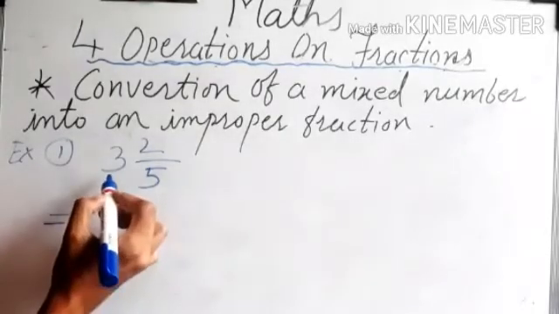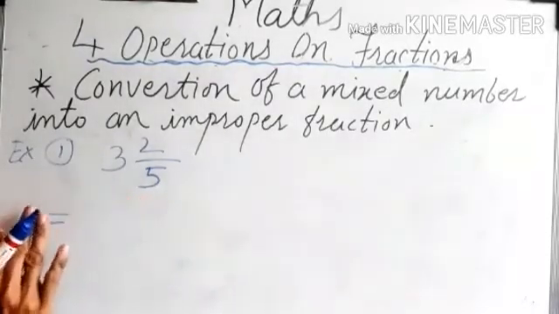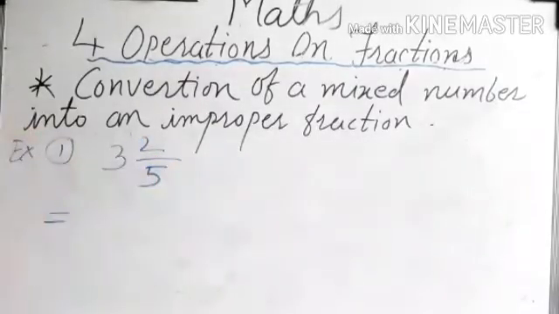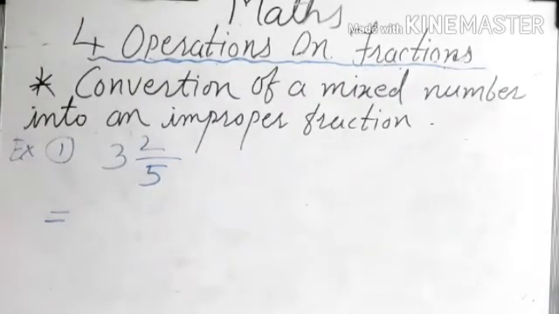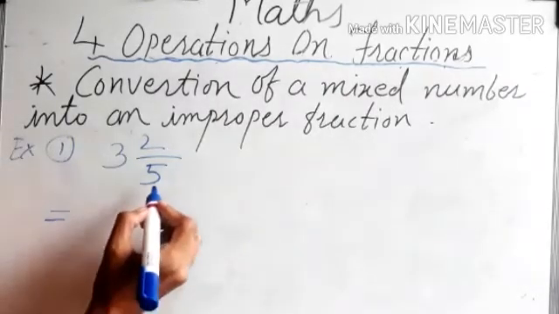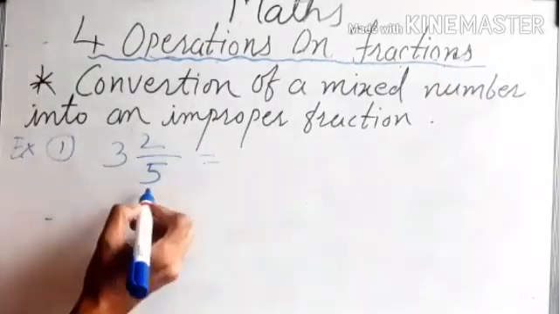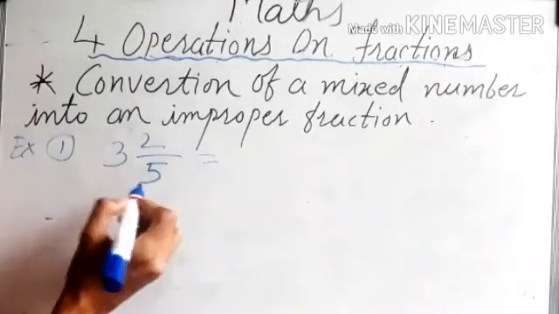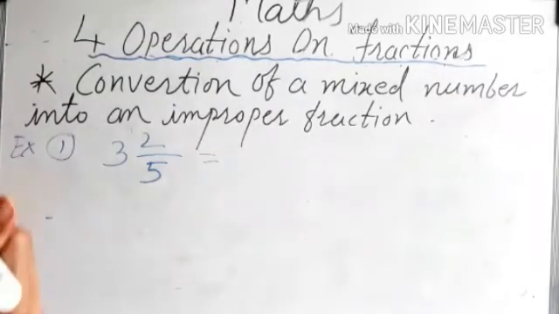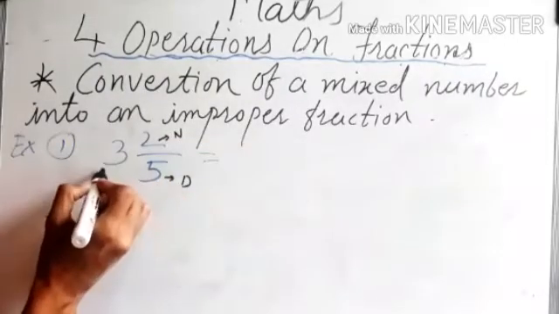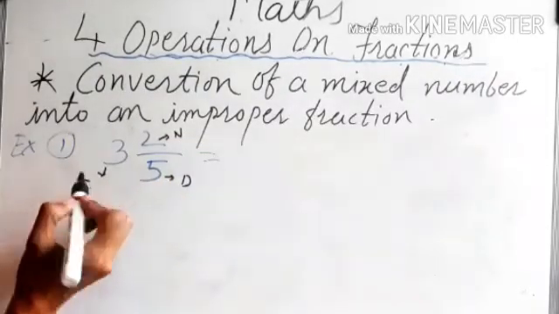See now, as I told you, this 3 is called the integral part, this 2 upon 5 is the proper fraction. Then how to convert it into an improper fraction? Students, you have to remember, first you will take this denominator. I will write here: this is the numerator, this is the denominator, and this is the integral part.